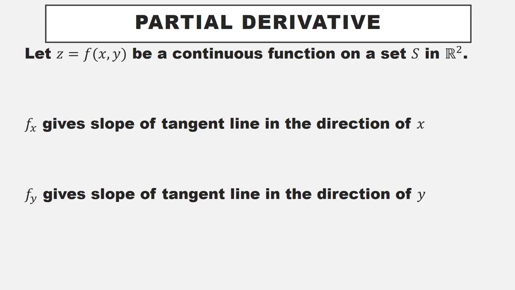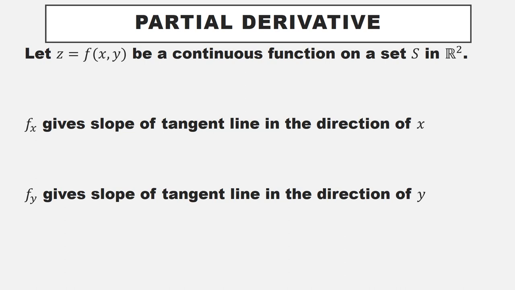F sub y is going to give the slope of the tangent line in a direction of y, meaning in the direction parallel to the y-axis. So these partial derivatives are giving tangent line slopes in specific directions.